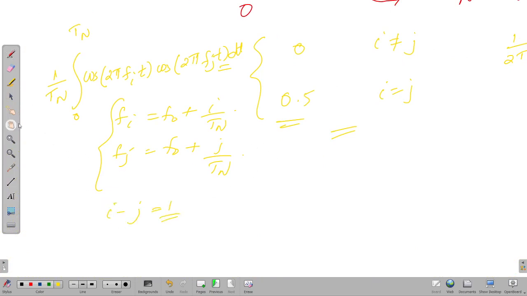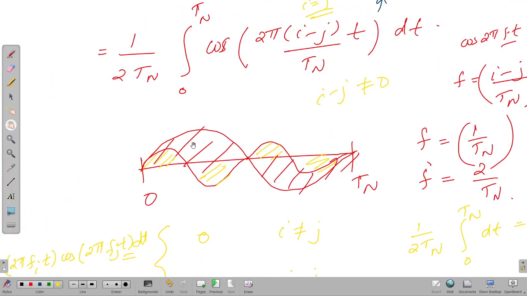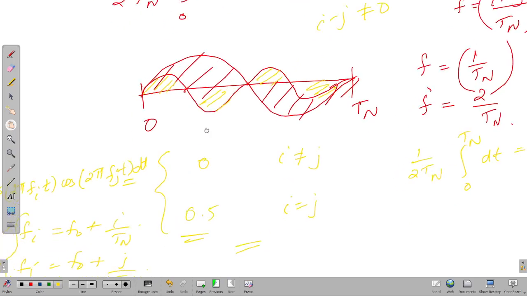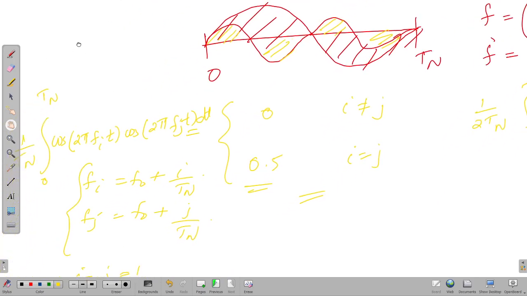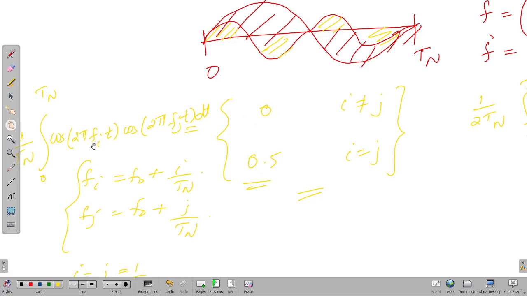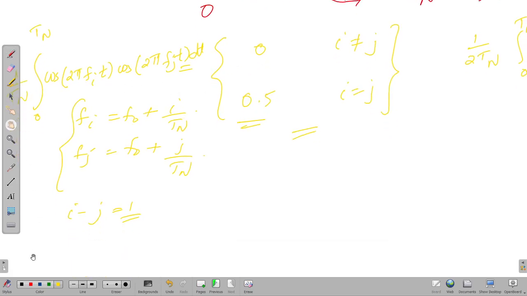And as such, you can see that that is the smallest separation you can have between two subcarriers. So this result indicates that only when they are the same you will have the value 0.5, and when the frequencies are different, you have the value 0.